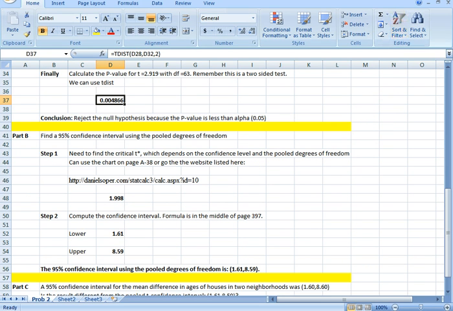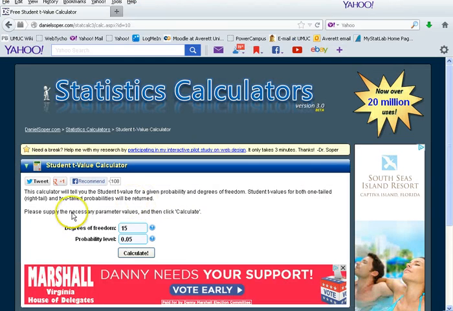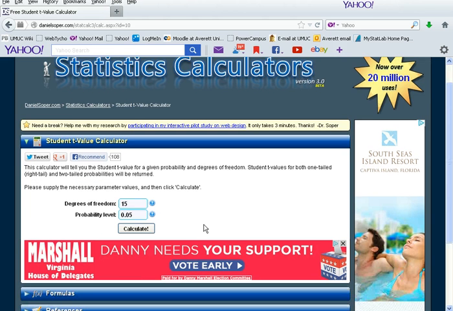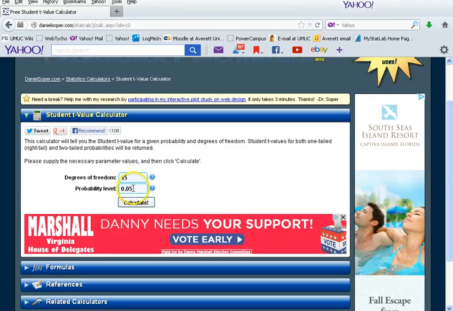So let's minimize our spreadsheet for a second, and here it is. Here's the website. If you copy and paste that web address I put in there for you, it'll bring you right here. It defaults to 15 degrees of freedom and an alpha of 0.05, so all we have to do is change our 15 here to 63.